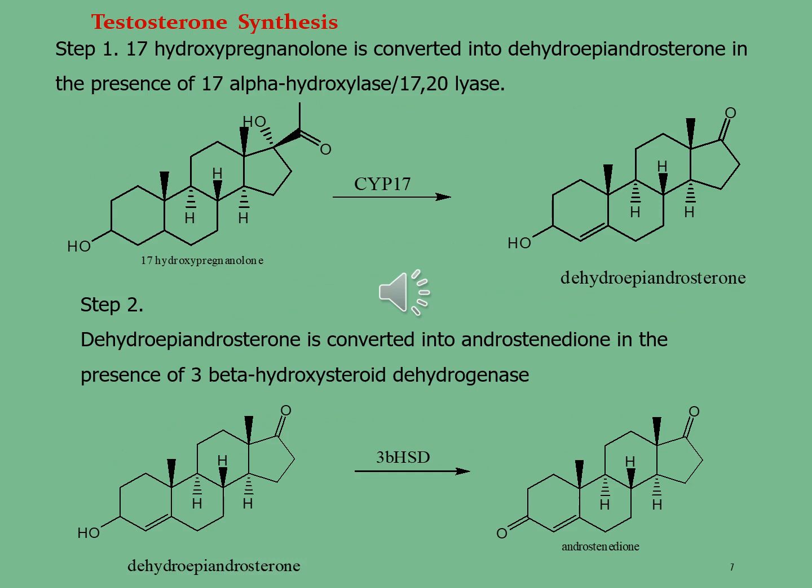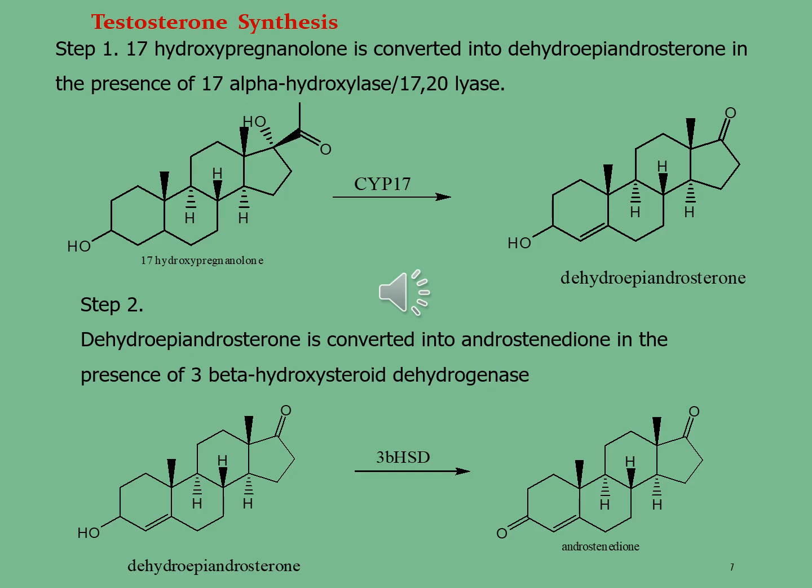Let's see the synthesis of testosterone, because testosterone falls in androgens, as this is the big example of androgen steroids. So let's see the first step, in which 17-hydroxypregnenolone is converted into dehydroepiandrosterone in the presence of 17-alpha hydroxylase 17,20 lyase enzymes.